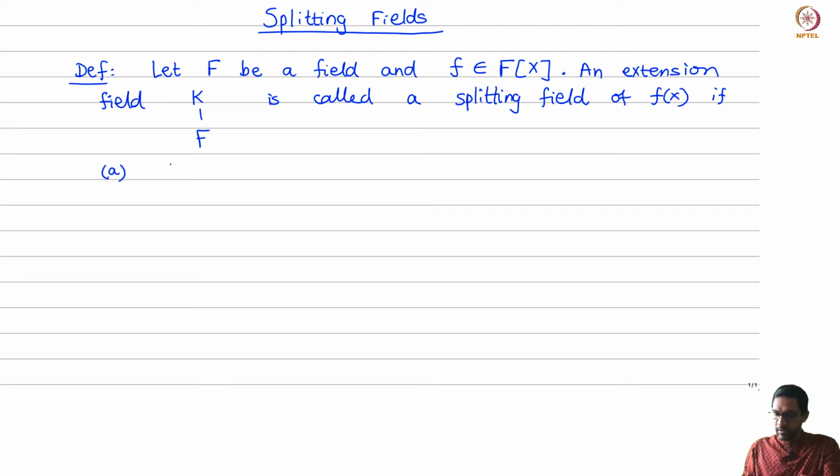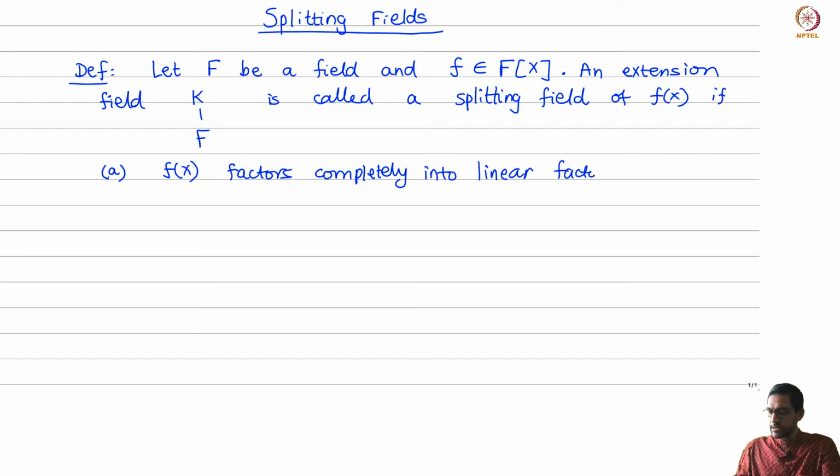Number one, this polynomial f of x factors completely into linear factors in the polynomial ring K[x].